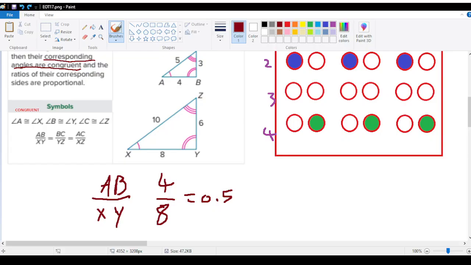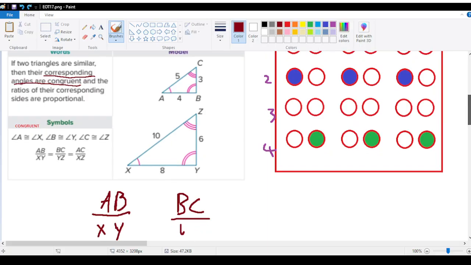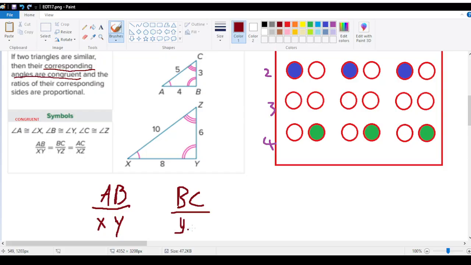Now let's talk about the other sides. We also have BC, so we are going to write BC here. What are the corresponding letters for BC? Y and Z. YZ. And what is the last side we haven't talked about?